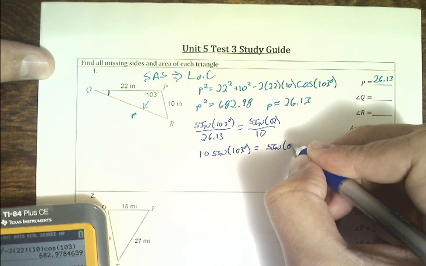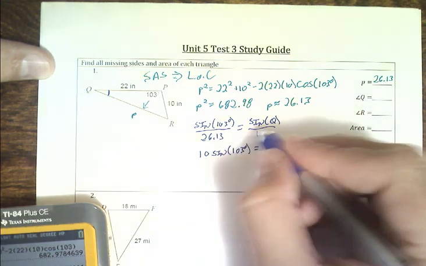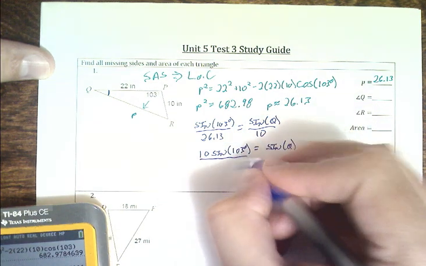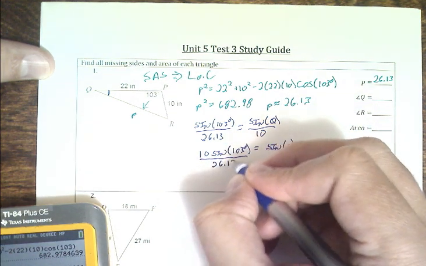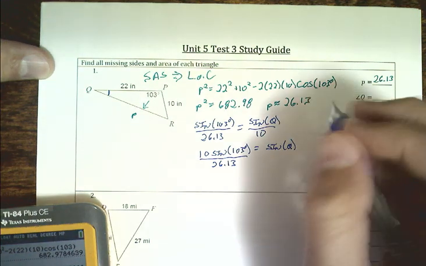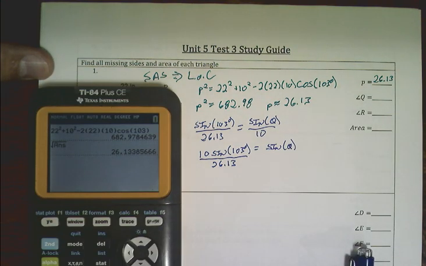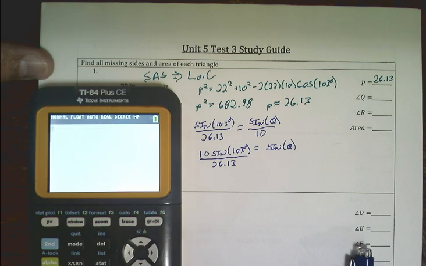I'm going to go ahead and do two steps at once here. I'm going to divide by 26.13 just to save some room on the paper here. And so we end up getting 10 sine 103 degrees, still in degree mode, divided by 26.13.